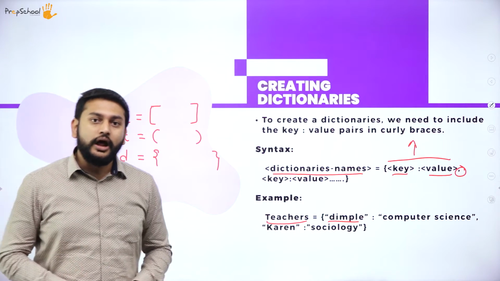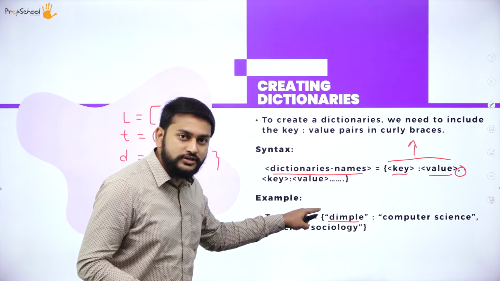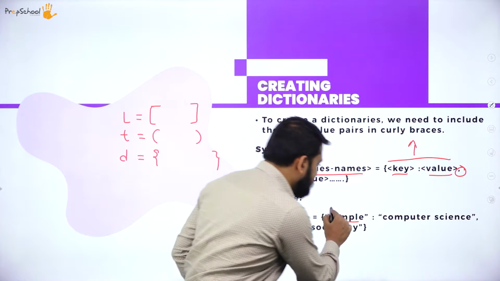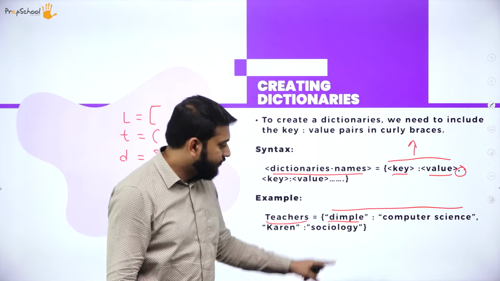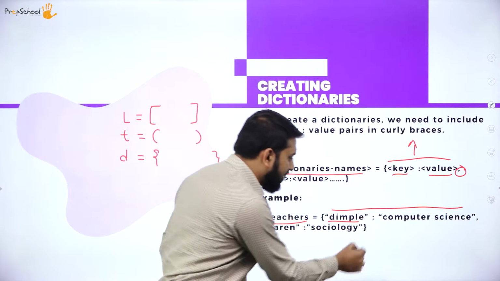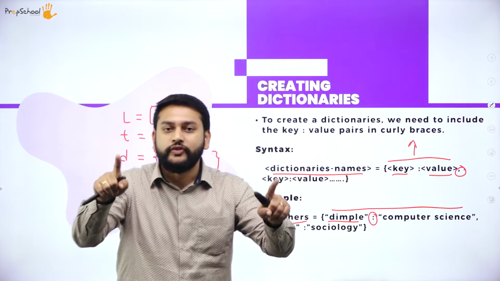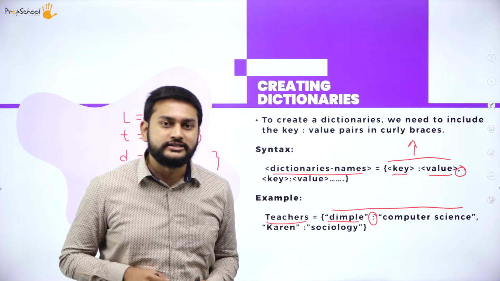Some of you will write like this, enclosing the quotes for this as well as this. Since I told you this is a pair of key and value, you're not supposed to do that. For the key separately you have to enclose it, then write the colon, then you have to enclose the value separately. That is very important that you need to understand.